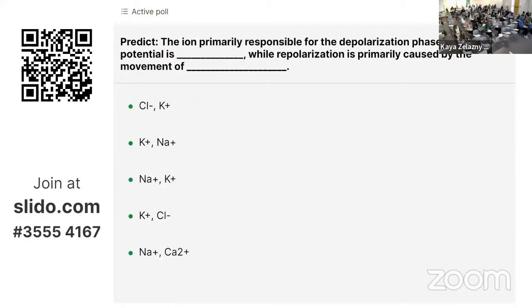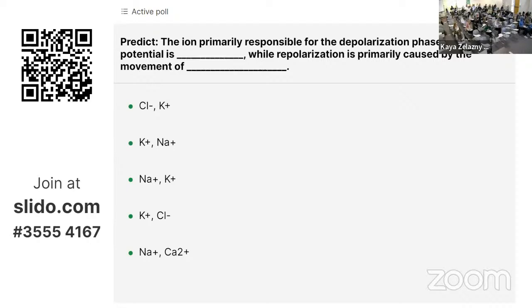Okay. So one more question. We want to make sure that we can predict these. We've talked about directions of the ions, we talked about depolarization, and we're going to be thinking about repolarization. We now know it's going back down after a depolarization.